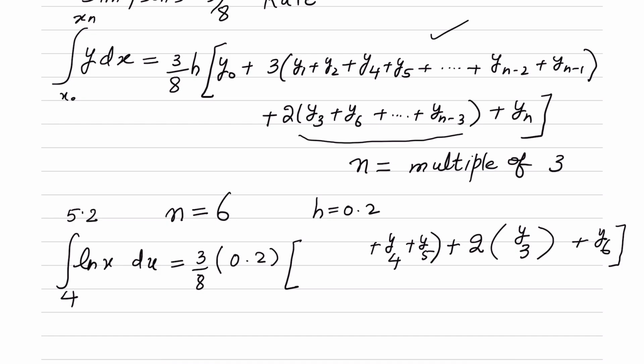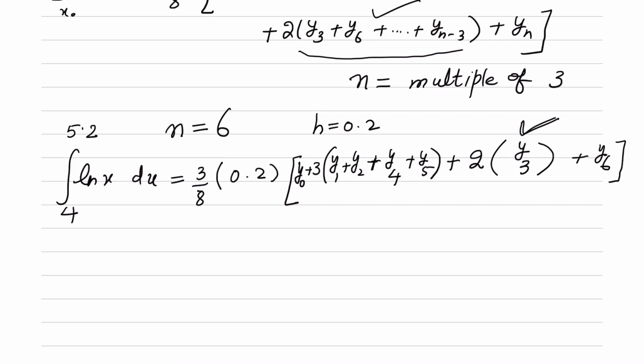For y3, its subscript is a multiple of 3, and multiple of 3 subscript y's are put in this part, so we have already covered it here. Here y5 plus y4, y3 is covered here. Then we have y2 plus y1, we close the bracket, multiply it with 3 plus the initial y value which is y0.